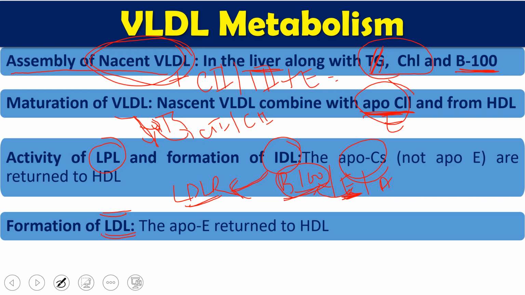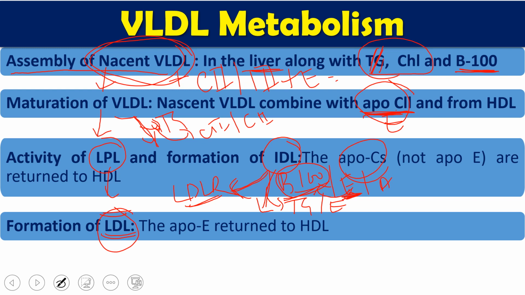How is this converted? This IDL is going to lose some more triglyceride, plus it loses the E. So IDL minus some triglycerides and ApoE converts into LDL. So nascent to mature VLDL, mature to IDL, IDL to LDL.